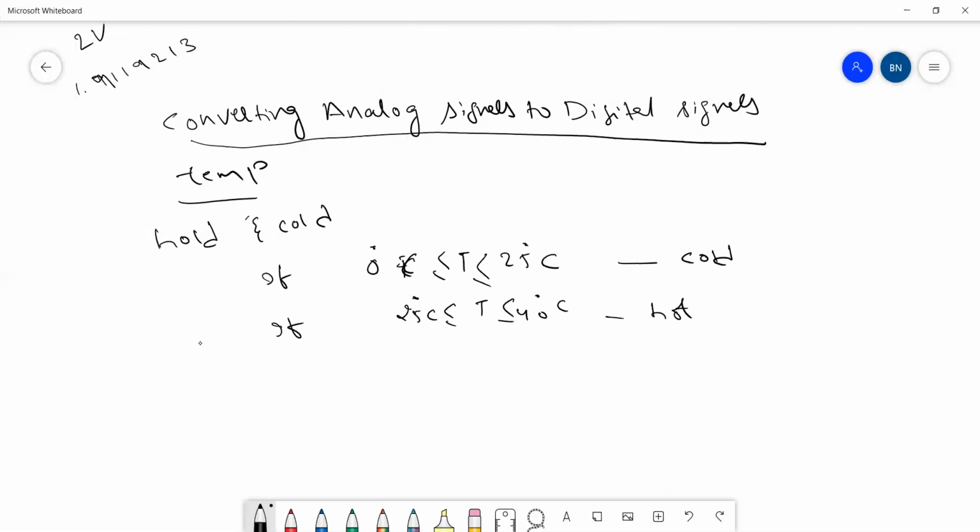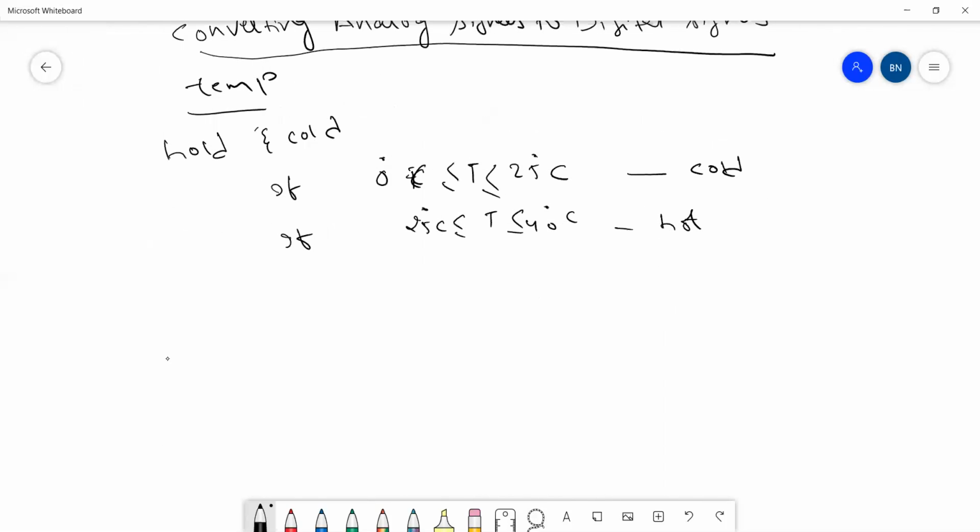If the temperature is between 0 and 25 degrees, the reading is taken as cold, and if it is between 26 and 40, you can take it as hot. Now we are measuring the temperature every day in the afternoon.